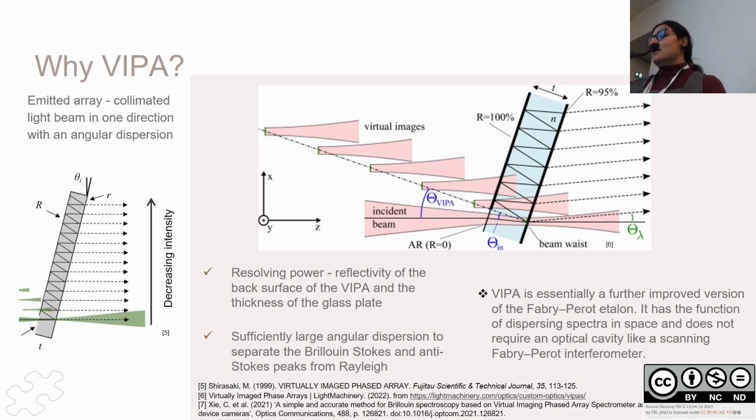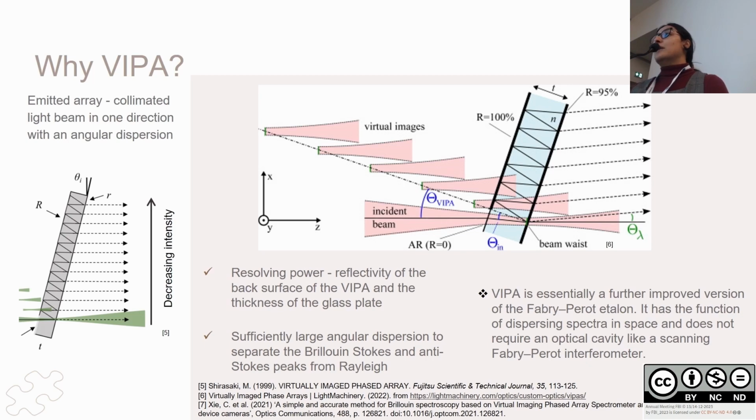But the challenges come where I have to place my VIPA at a 1 degree angle to actually have the incident beam hit the reflective surface, which is 95% reflective, and cause multiple reflections inside the glass echelon, and finally have virtual images behind.